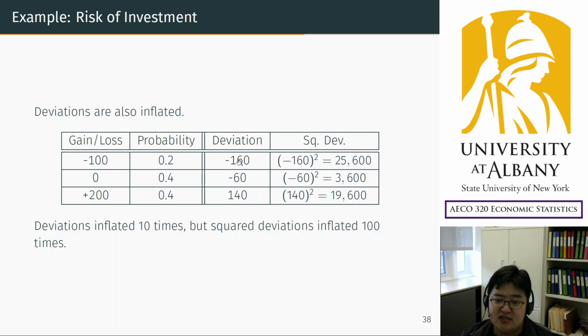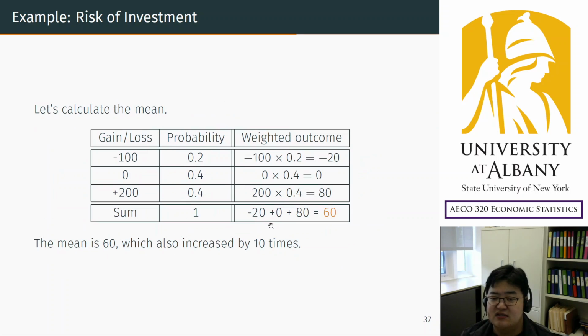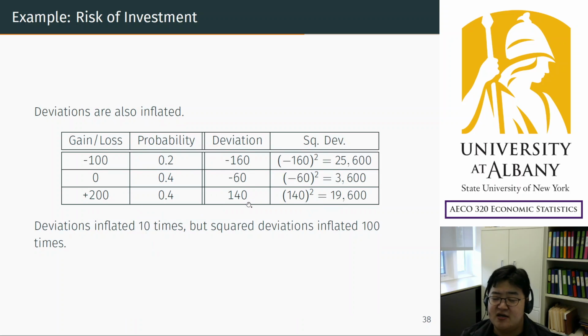Remember, minus 60, minus 160, minus 60, 140. Compare that to these numbers. So the deviations are multiplied by 10, which is natural. Everything was multiplied by 10, so the distance is also multiplied by 10, right?